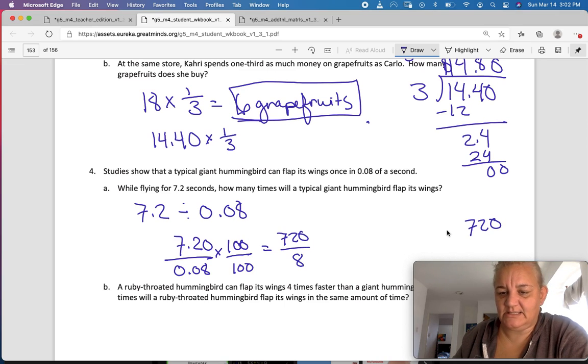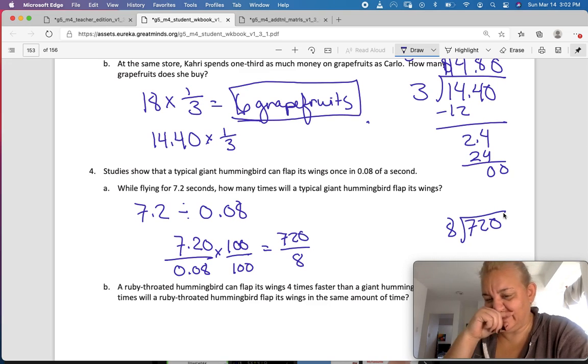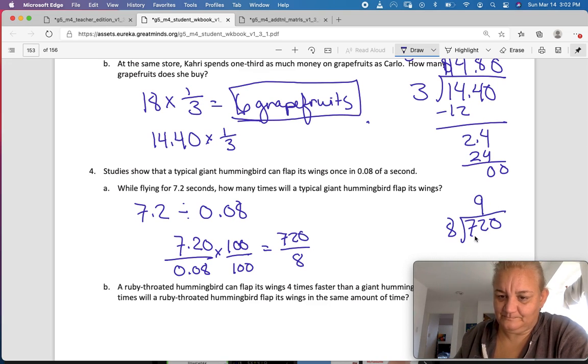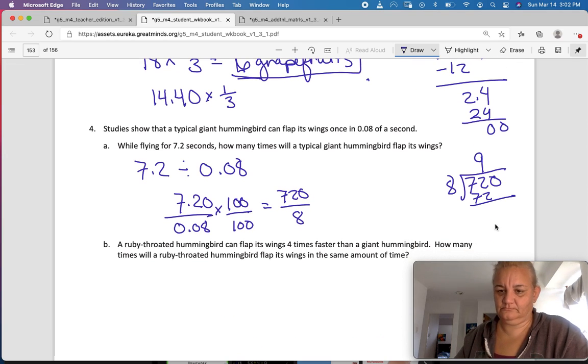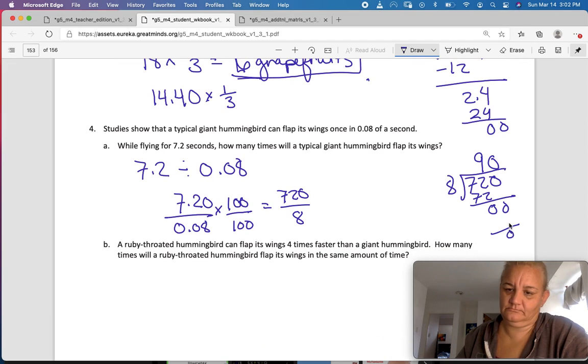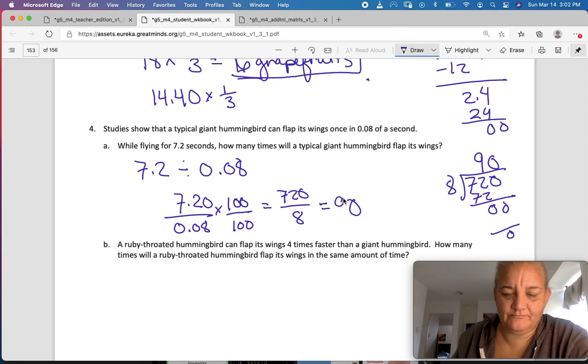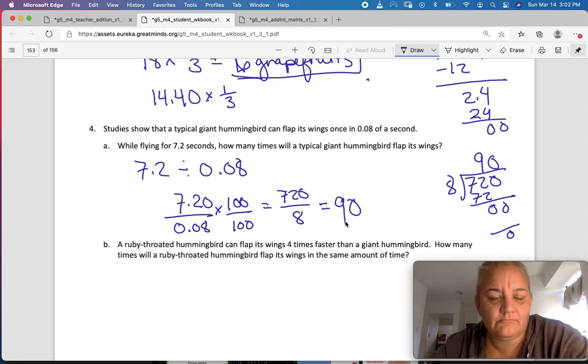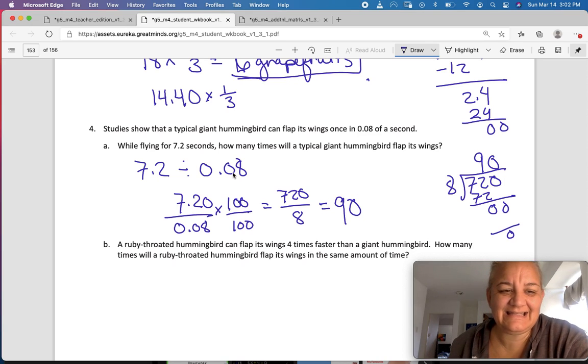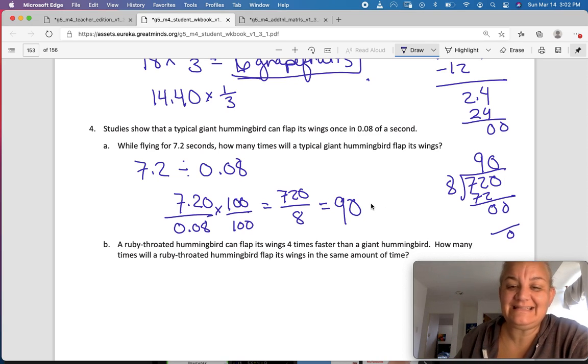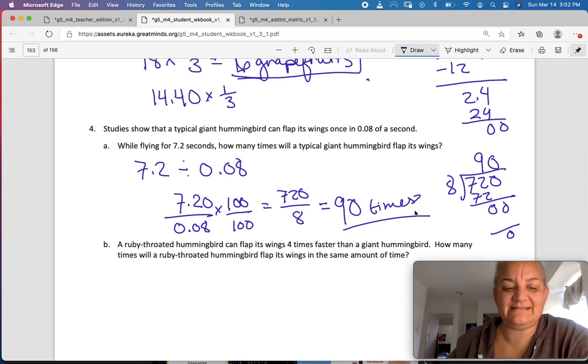So 720 divided by 8. 8 goes into 72 9 times. Okay, so 90. How many times will a typical giant hummingbird flap its wings in 7 seconds? 90 times. Wow, that is fast.